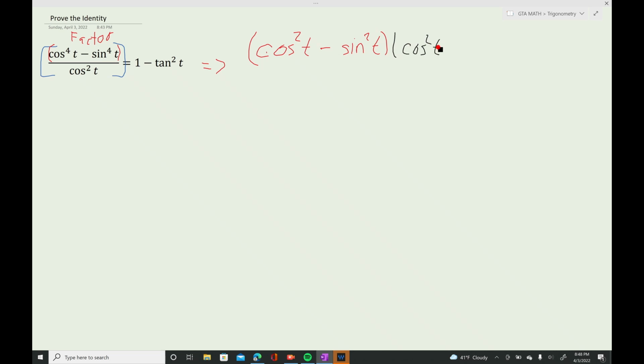So all we did was factor out cosine squared and sine squared from both of these pairs. And then we're going to leave the denominator the same.